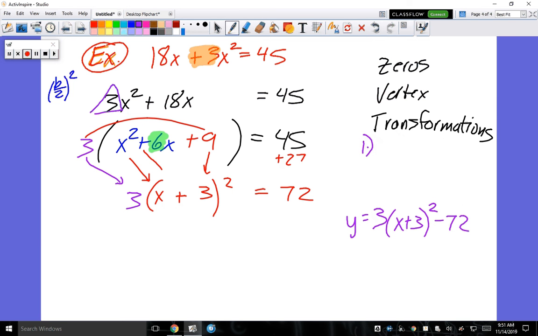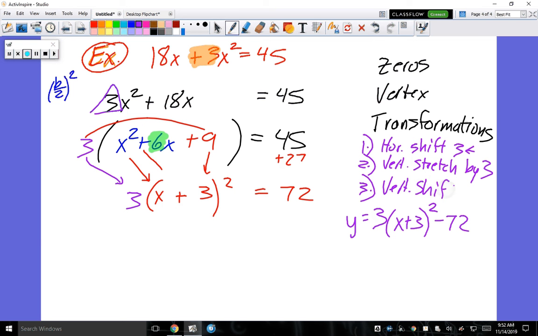My transformations in order, BCAD, just like with absolute value, will be a horizontal shift 3 to the left, then a vertical stretch by 3. We're going to be doing transformations with other functions throughout the year. We're not going away from that. Vertical shift 72 down. The vertex is negative 3, negative 72.